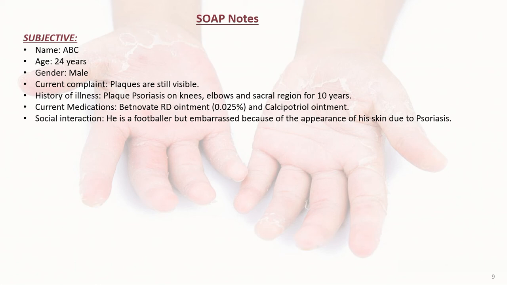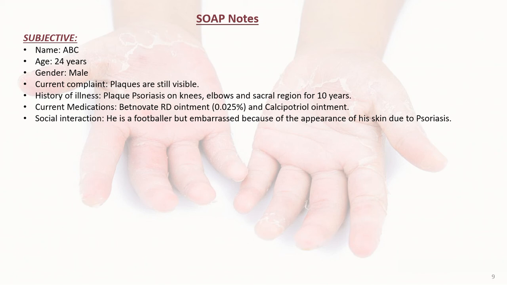So that is why he visits and says that his plaques are still visible and wants them clearly removed from his skin. The history of the illness is that plaque psoriasis has been shown on knees, elbows, and in the sacral region, and it has been there for 10 years.